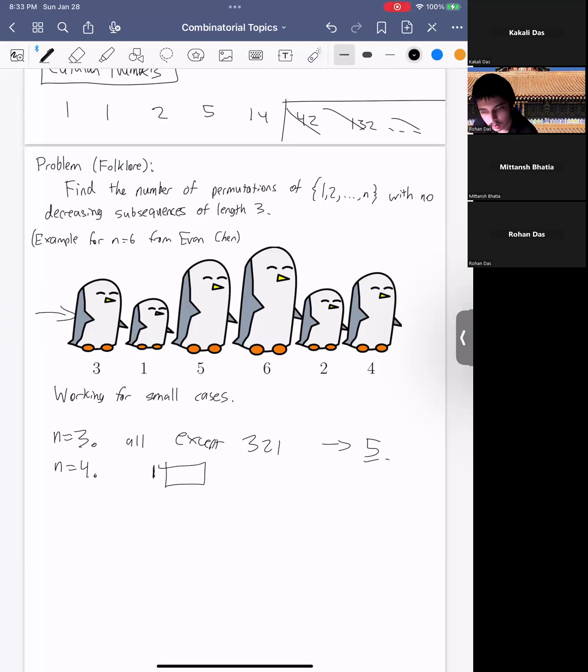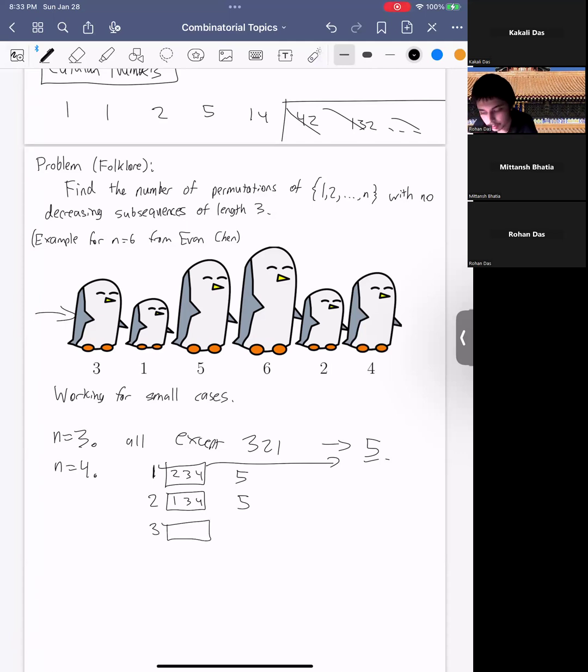So in fact, we're ordering 2, 3, 4, and all 5 of the above ways will work. 2 will also not have any decreasing subsequences because only one number is smaller than it, but it is the leftmost. So again, there are 5 ways to order the remaining elements.